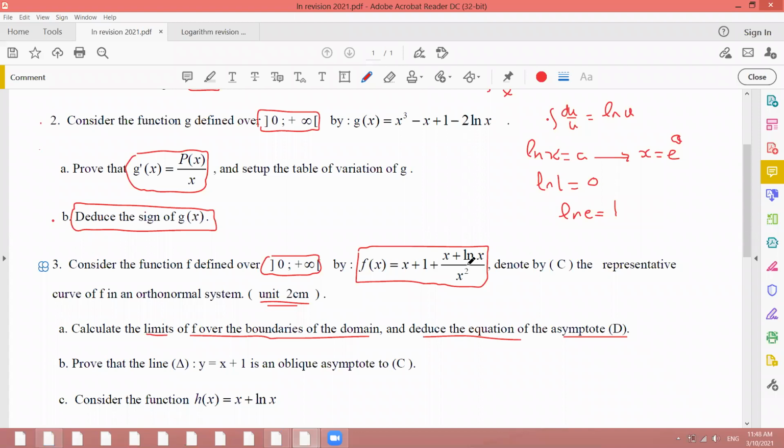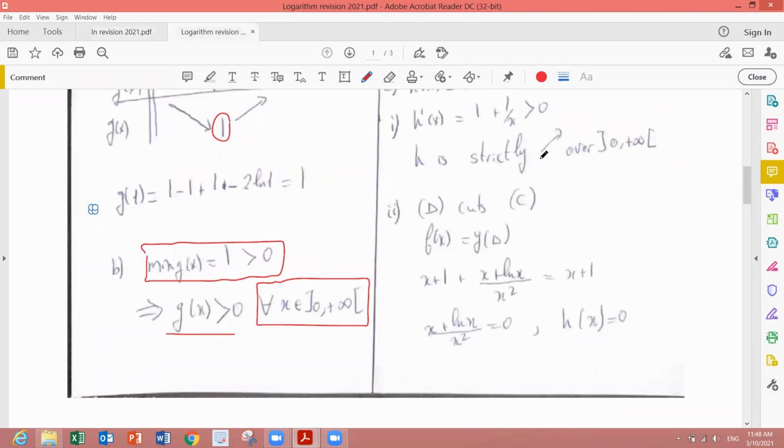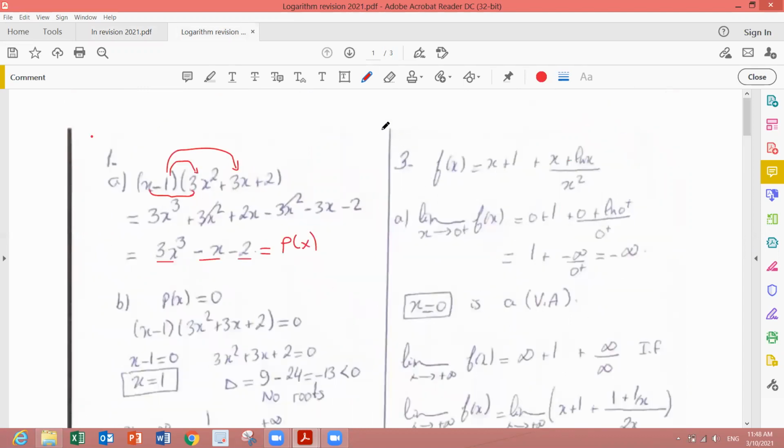What are the boundaries of the domain? 0 and plus infinity. What is the limit at 0? Limit as x tends to 0 plus of f x, we replace each x by 0: 0 plus 1, plus ln 0 plus over 0 plus.